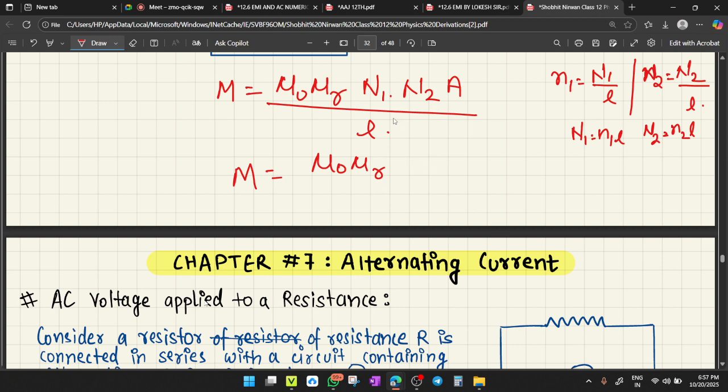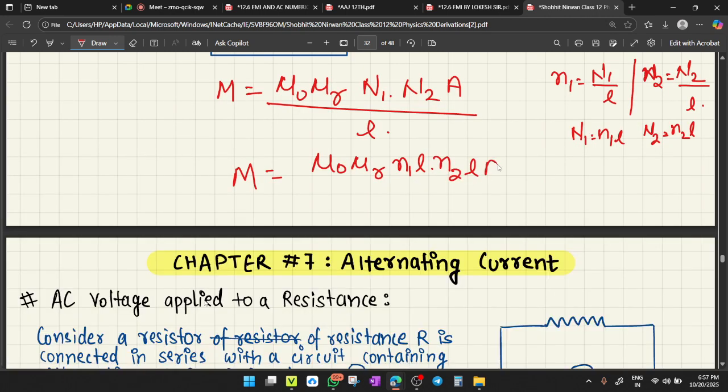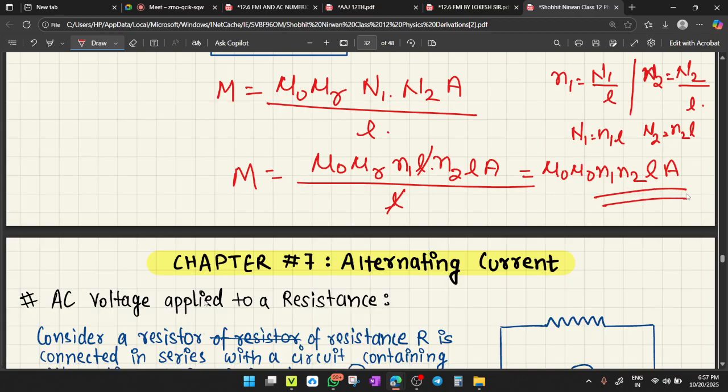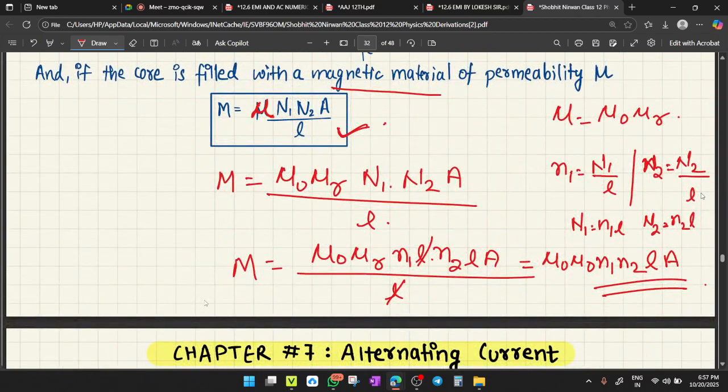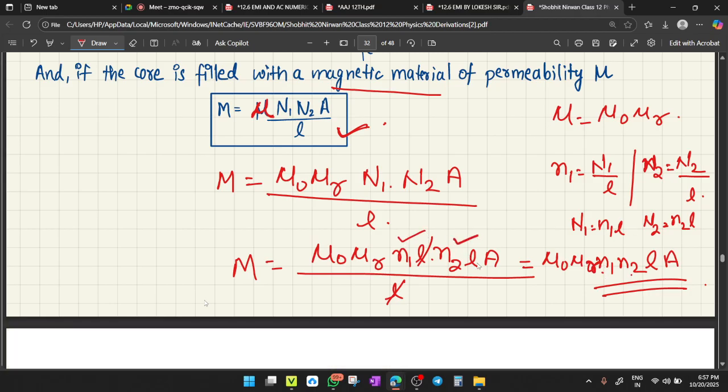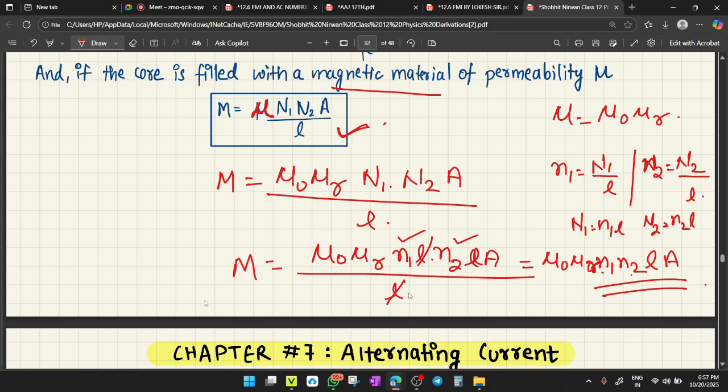In place of capital N1 there will be n1 L, and here it is n2 L into A divided by L. L and L cancel out. So your answer equals mu naught mu r n1 n2 L A. Done. Mu naught mu r n1 n2, and one L is left as one only, the other cancelled out, and area A. Clear?